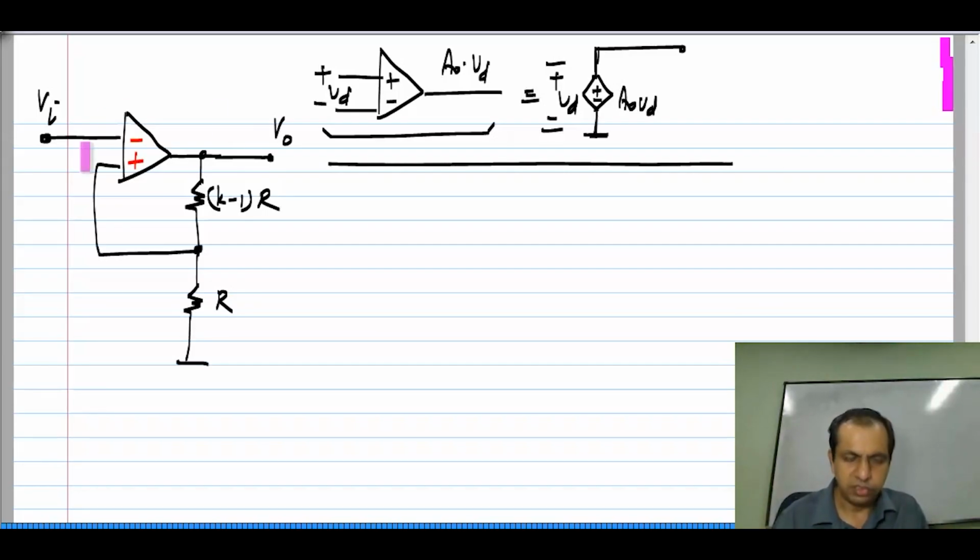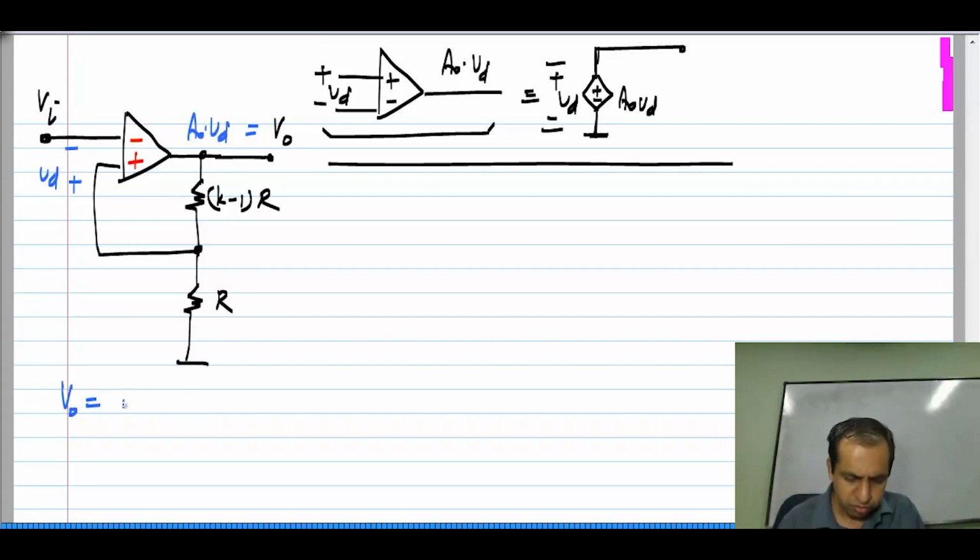Now, let me analyze this circuit, which is a very minor modification of the previous circuit. Now, my V D will be in this polarity, because it is defined from positive to the negative terminal of the op amp, and V naught of course will just be A naught times V D. So, what do I have?